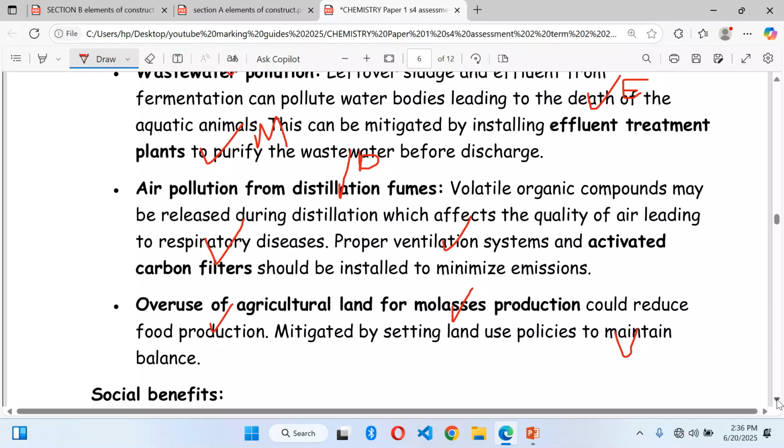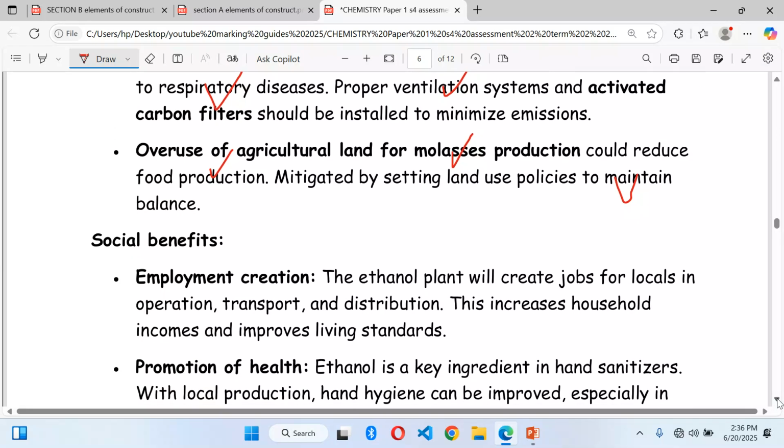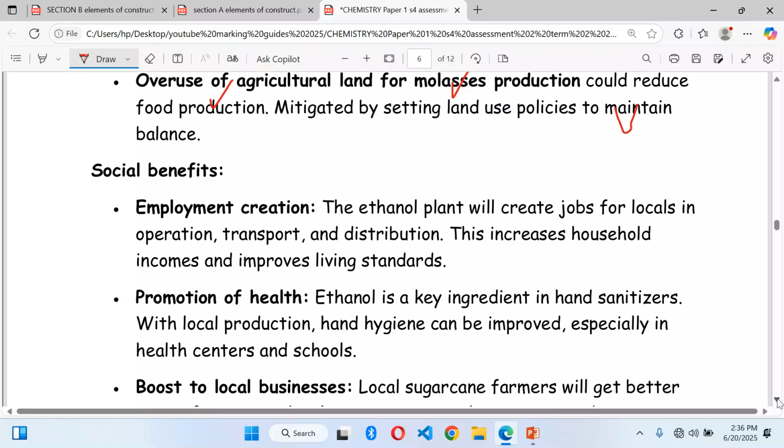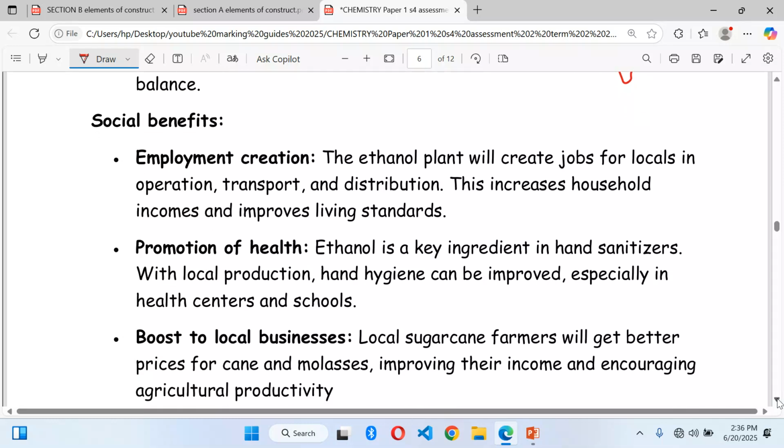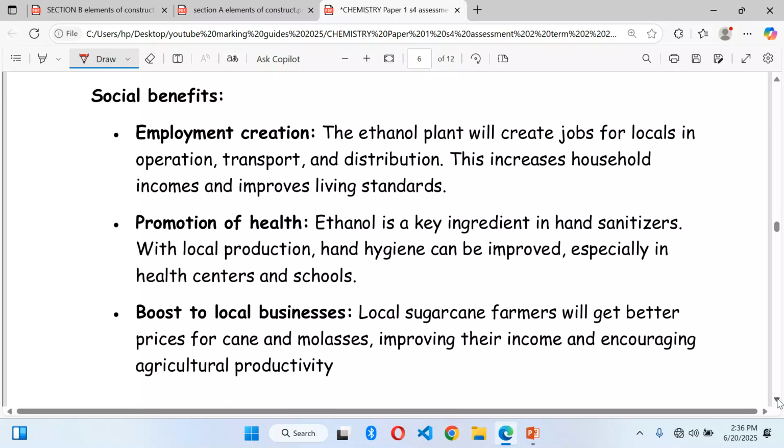After that, we need to talk about the social benefits of the production process. Note, the social benefits of the process, not of the product. So number one, the first benefit is employment creation.